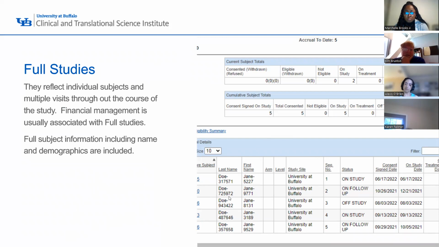And then the nice part about when you get to this side, you have to be cognizant of hyperlinks in OnCore, because you can only see a little bit of it here, but the subject number is a hyperlink, so you can go straight to that person from your listing as well.